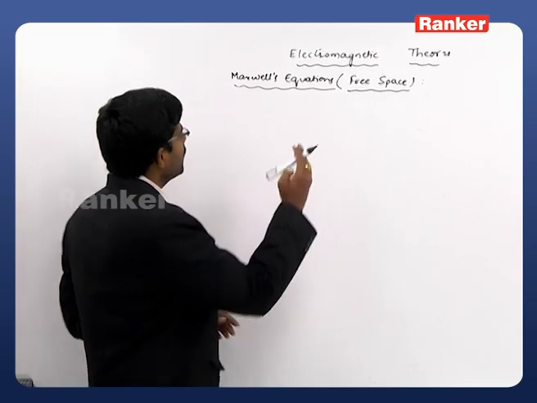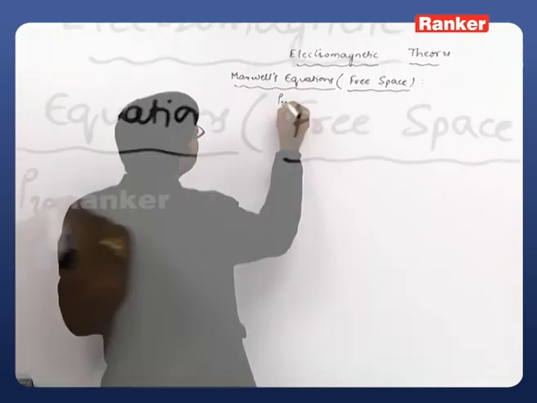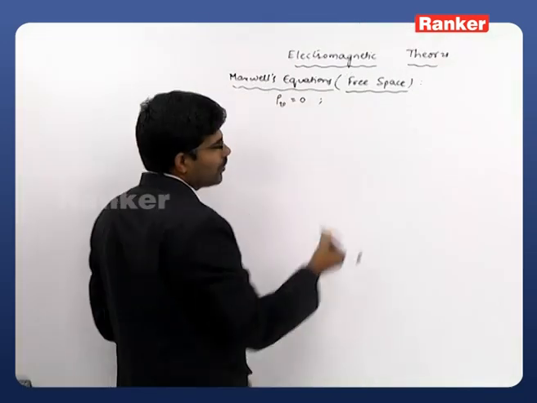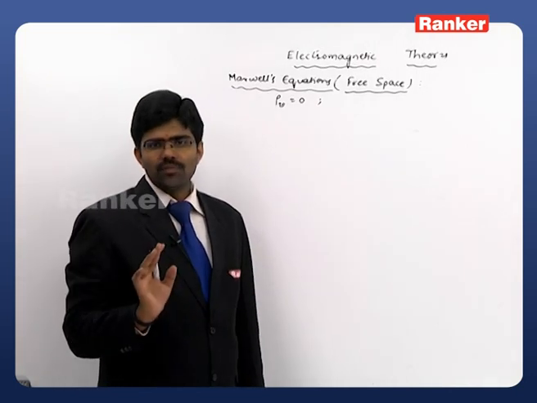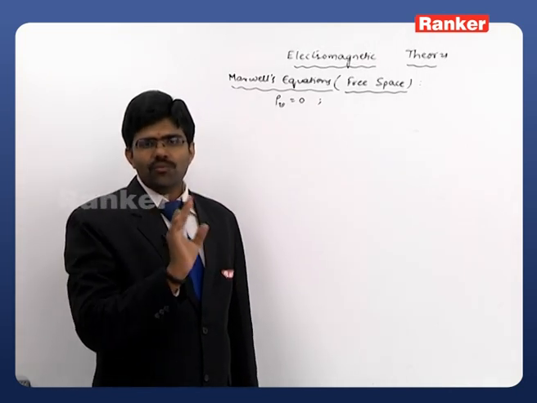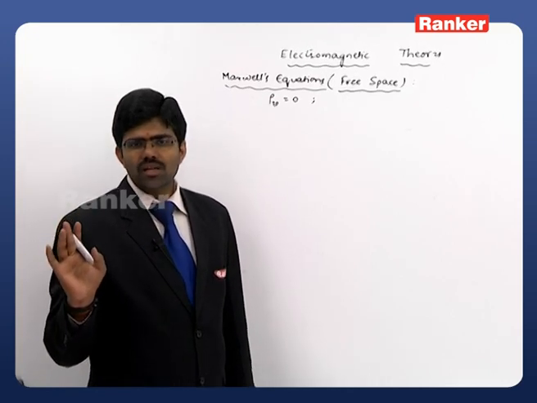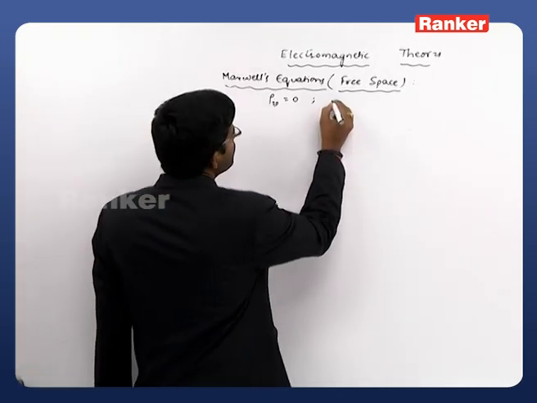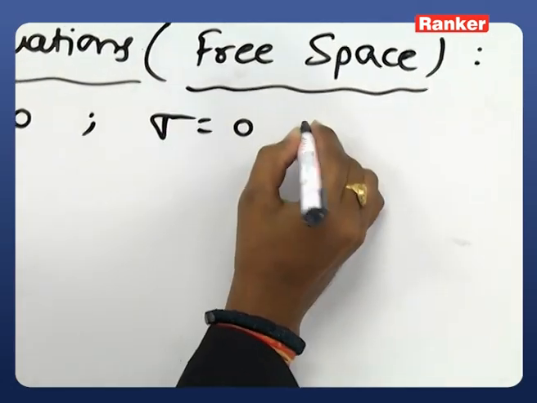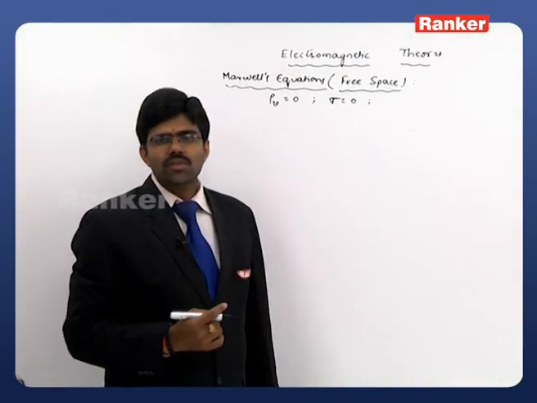So ρv equals 0, and free space contains no conductivity. Since it has 0 conductivity, σ must be equal to 0.